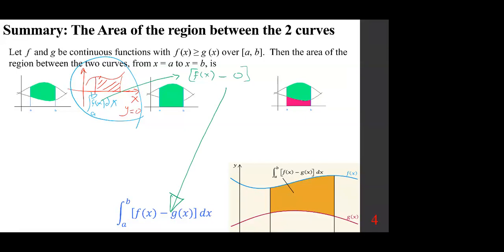So the area of the region between f and g, under f of x, above g of x. I want to make sure everybody understands what's going on here. Going back to the first one, this is what we want.